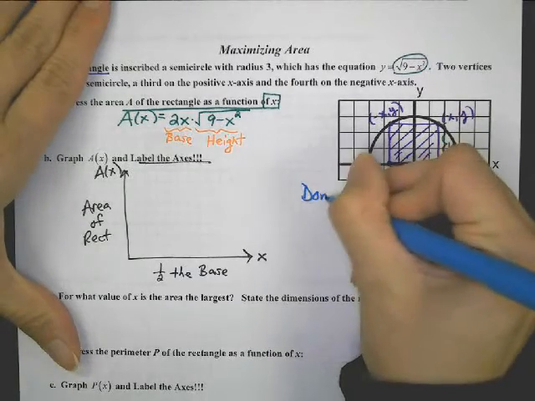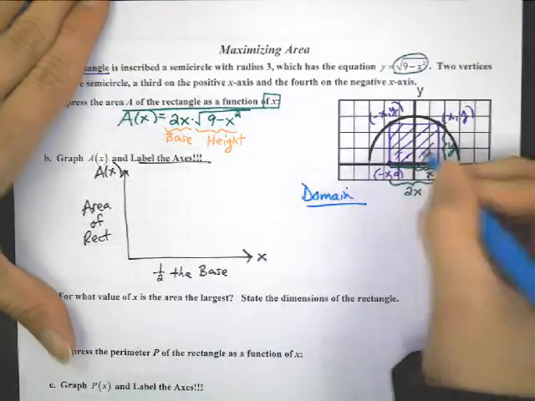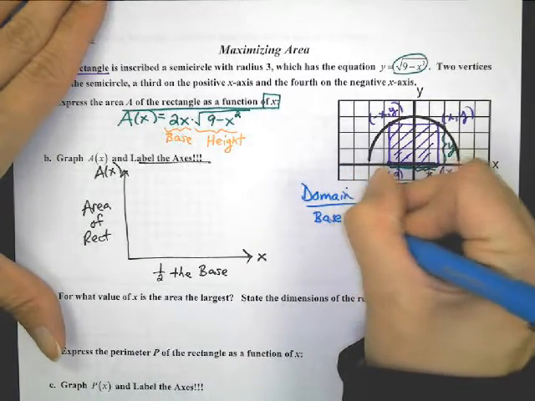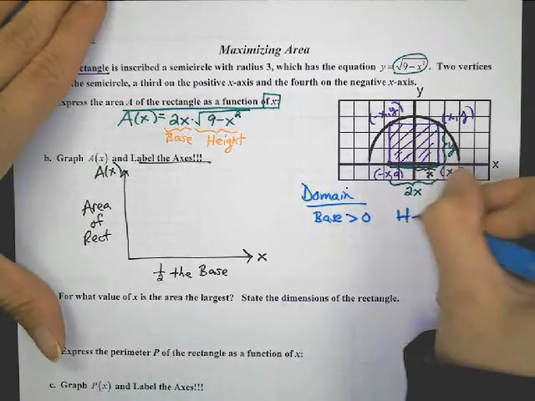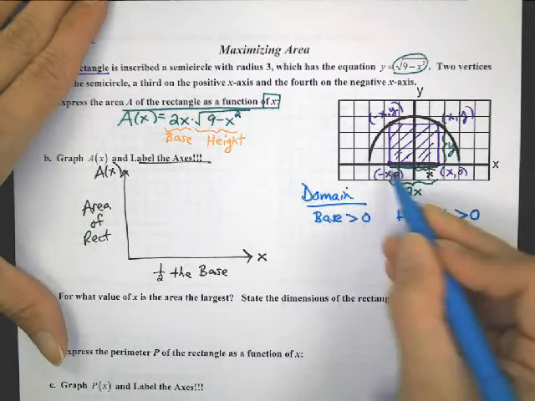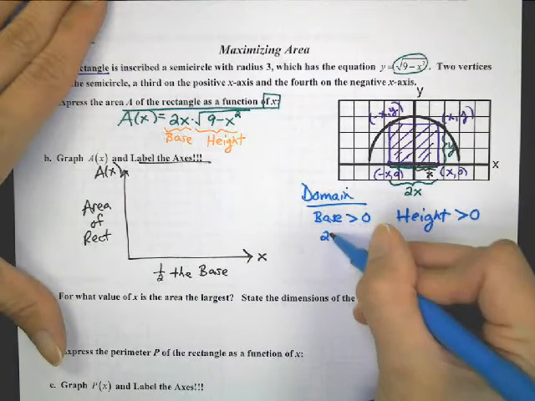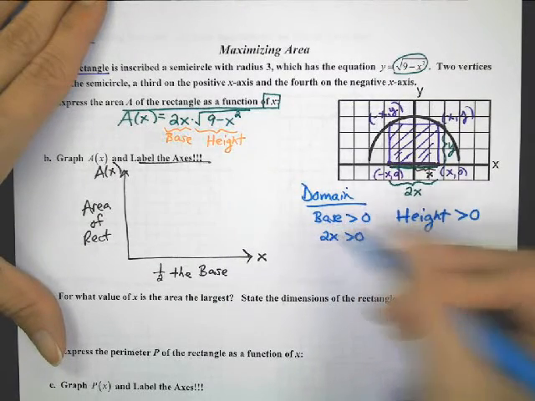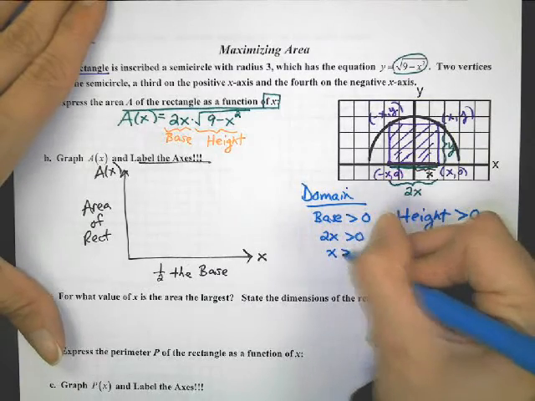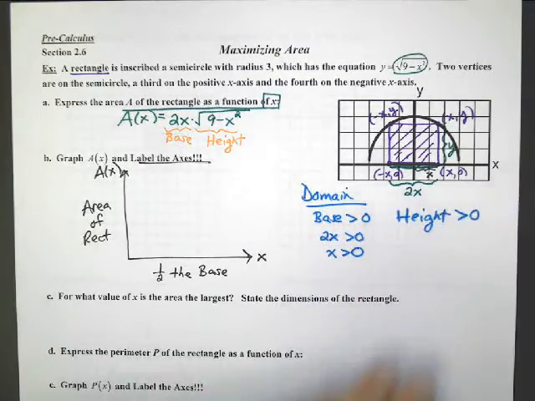So let's go ahead and do the domain. For this rectangle to exist, we have to have the base be more than 0, and the height has to be more than 0. The base, in this case, 2x, is more than 0. So just divide by 2. Do I have to flip that sign? No, because I'm not dividing by a negative.